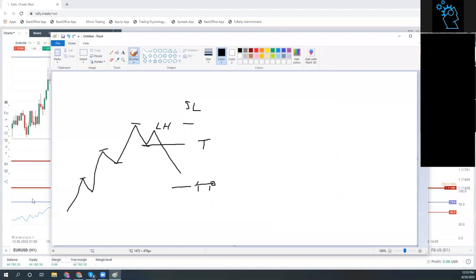And that would be either this one here, which resembles a double top formation. And the second one is basically you have higher highs, and after the last higher high here, you have straightforward a lower low.